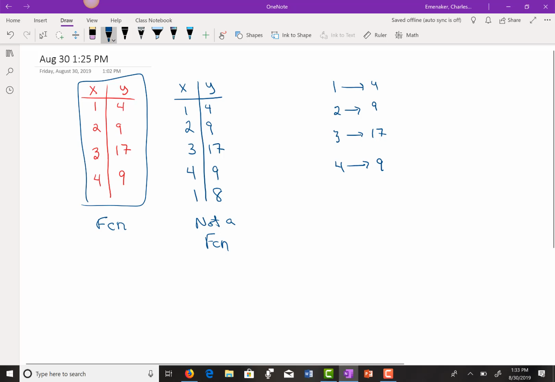Okay. In the second scenario, we have 1 goes to 4, 2 goes to 9, 3 goes to 17, 4 goes to 9, and 1 goes to 8. Do you see that 1 is double assigned here?